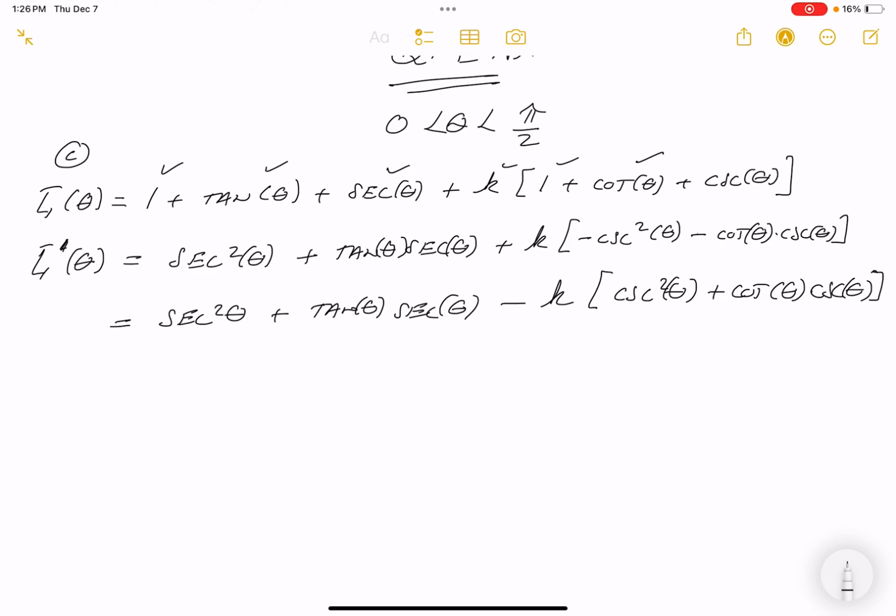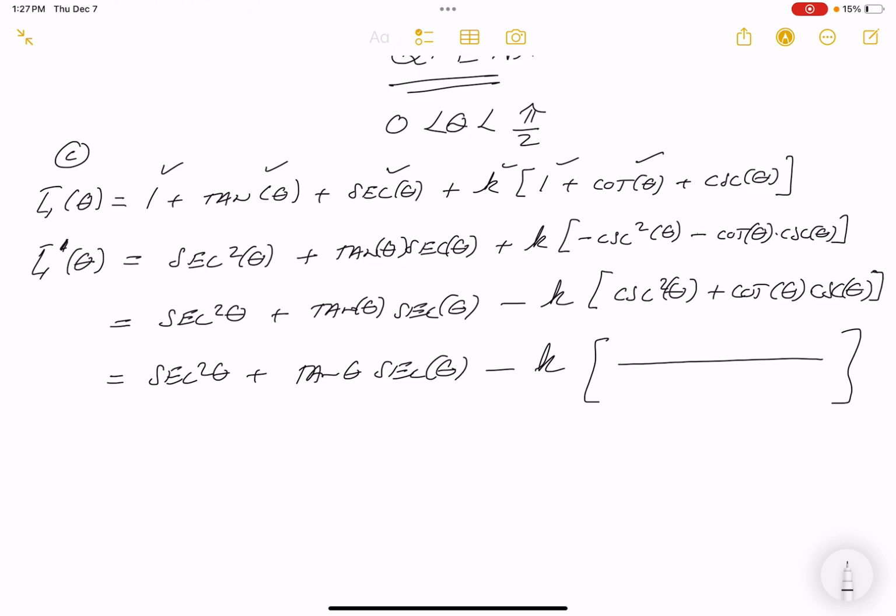And what I'm going to do over here is try to simplify what's inside that grouping symbol. So secant squared plus tangent theta secant theta minus K. And the reason I want to simplify is that I'm seeing that cosecant, which is really a sine squared, on the bottom.